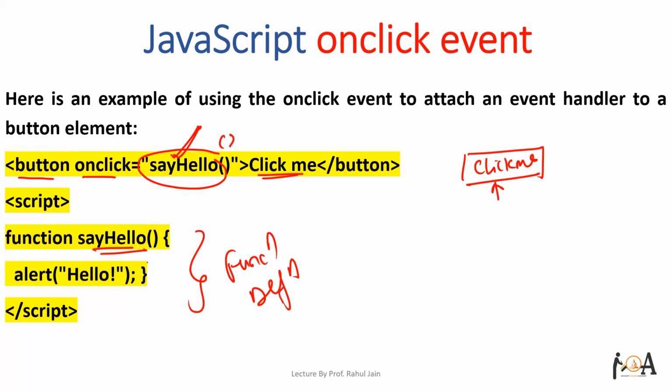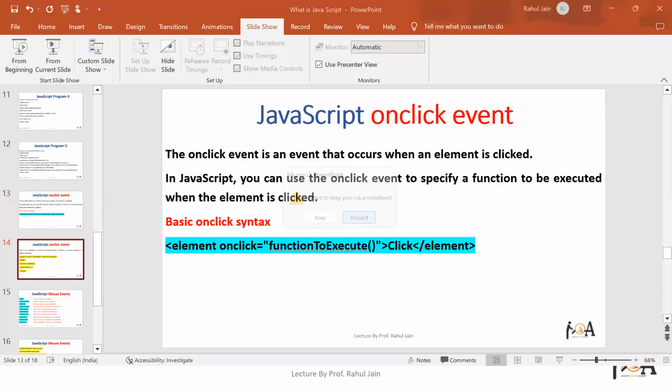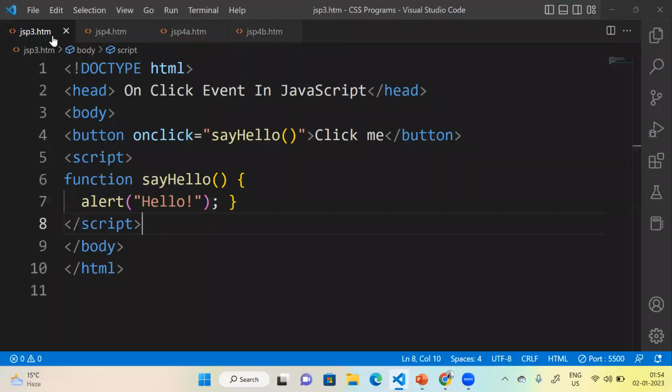This definition is saying alert hello. So whenever we run it, the browser will show the click me button, and on clicking it, one alert box will open and it will say hello. Let me try to run the same code which I have explained here. This is the code, right?